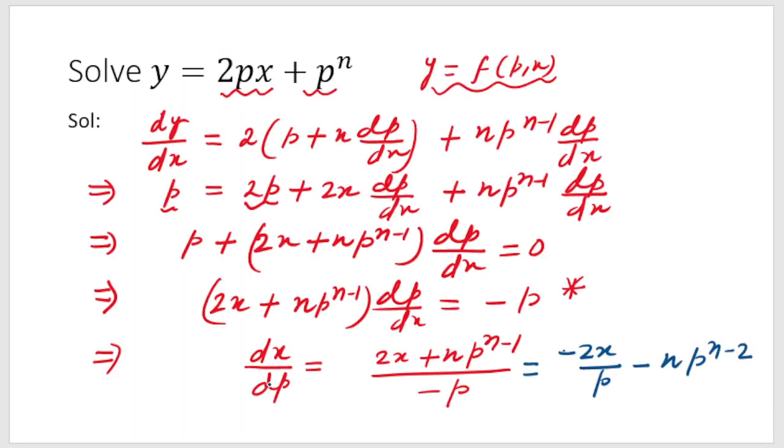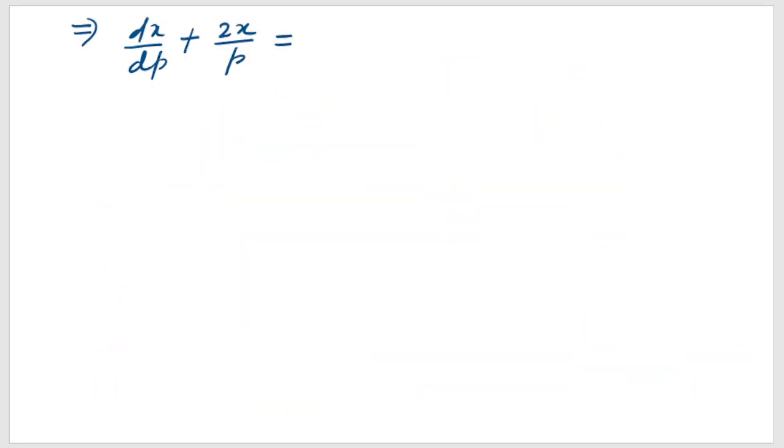After this I will write dx by dp plus 2x by p. This is what I have written: dx by dp, and I bring it to the left hand side, so plus 2x by p, and in the right hand side we just have minus n p to the power n minus 2.